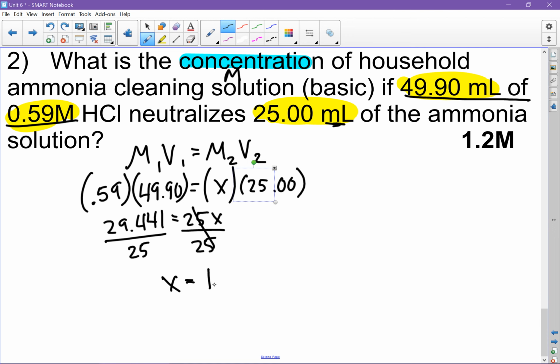So my calculator says 1.17764, and we're going to check out our sig figs. So there's 4 here, but only 2 here. When you have the option, go low. The second sig fig is here. The 7 though means I have to round that up, so my answer is going to become 1.2. And because we were looking for a concentration, that's an M value, so you have to put an M on there. Alright, that's it. Let me know if you have any questions.